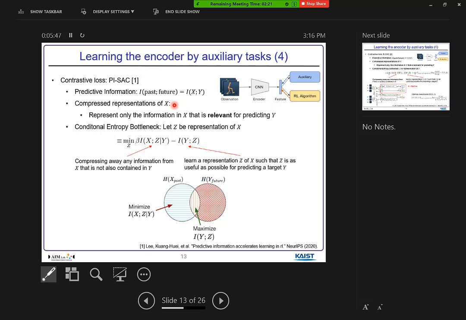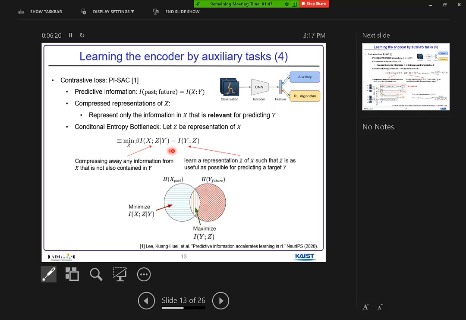And another thing is they want to learn a compressed representation of H. It means that the representation of H encodes only the relevant features to predict the variable Y. These are the two motivations of this paper, and to do that they use the conditional entropy bottleneck.